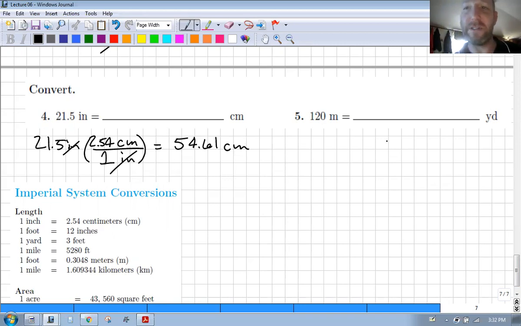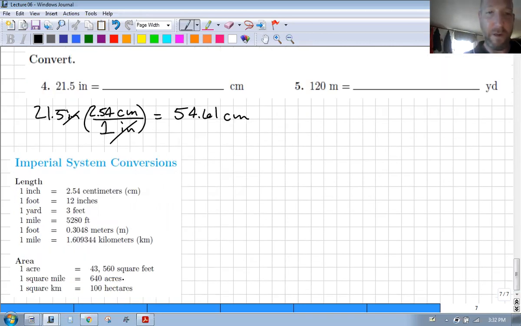All right, now meters to yards. Well, I got meters to feet, and I know there's 3 feet in a yard, so we can do that. We can do 120 meters. We can get rid of meters for feet because 1 foot is 0.3048 meters.